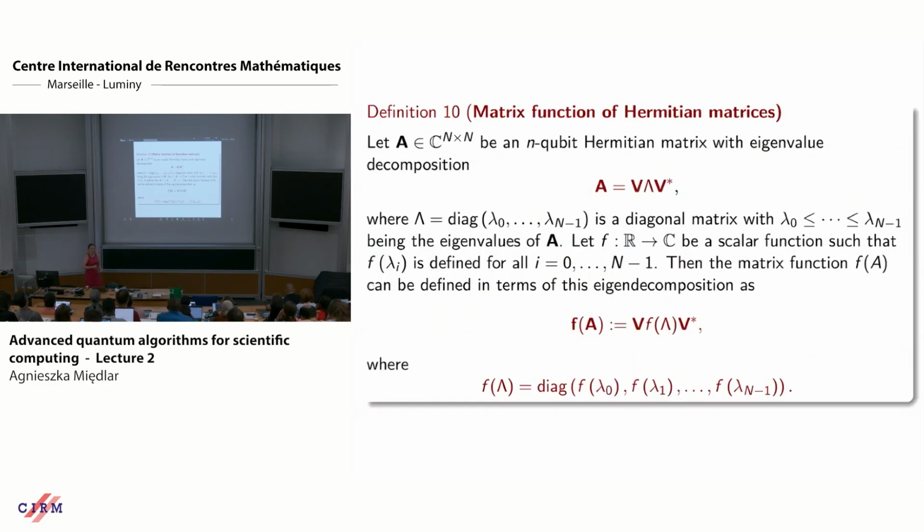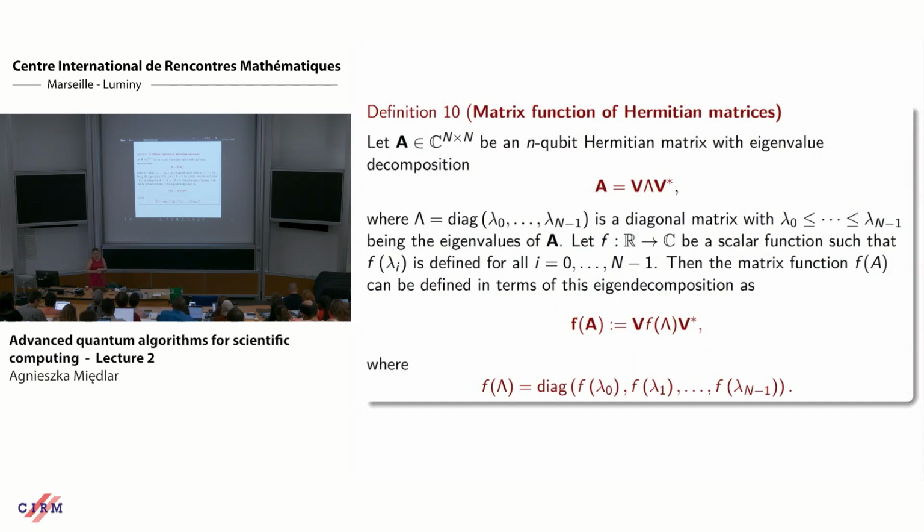So I will start with the definition in the most easy case, the case of a Hermitian matrix. What is the function of a matrix, or how do you define the function of a matrix? We can think about this in terms of classical matrices and vectors, but you can think about qubit operators the same way. So you have an n-qubit Hermitian matrix A, and you have its eigenvalue decomposition, with the eigenvectors and the corresponding eigenvalues.